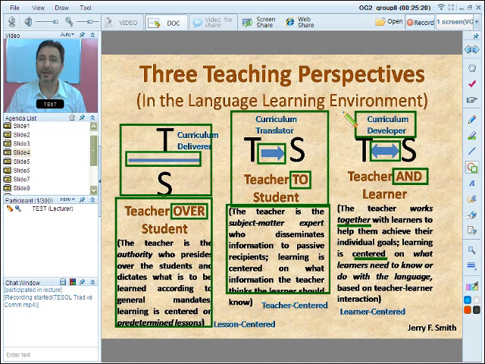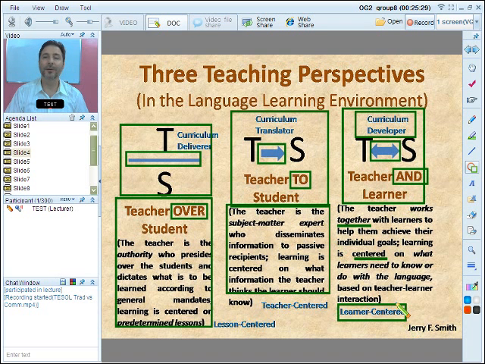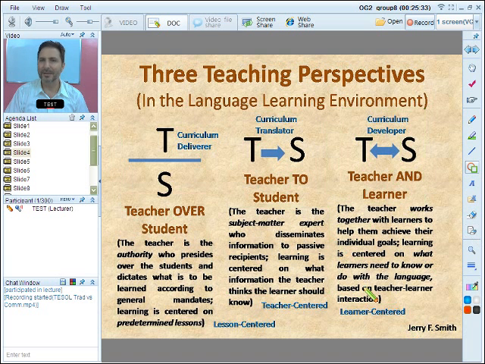In the third case, I have based my lesson on what those students particularly need, and that makes this lesson learner-centered. I hope that makes sense. If it doesn't, stop the video, look and read and think about it, and then listen to me again if you can bear it.